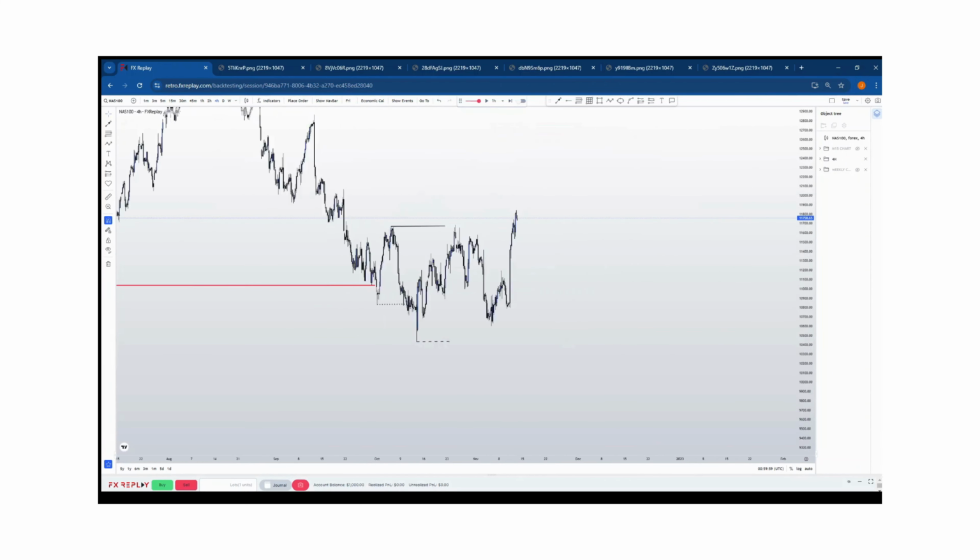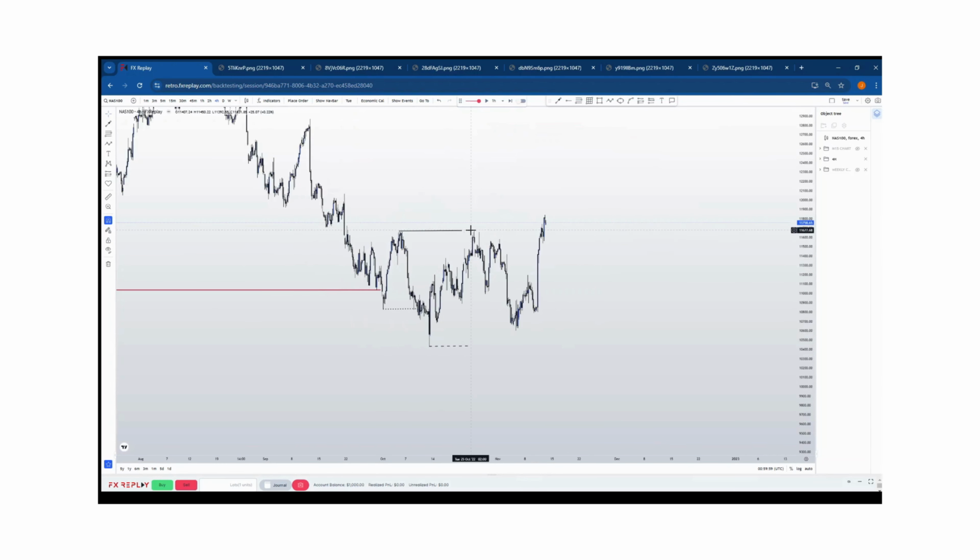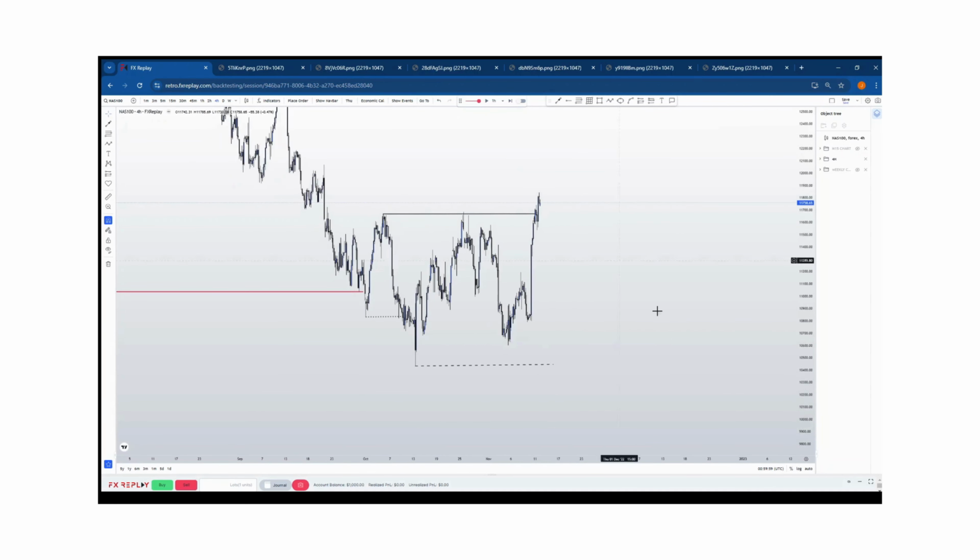You can see the internal of the H4 shifted bullish at that point. Remember what we said, that price is fractal. Whatever happens on the lower time frames will go ahead and happen on the higher time frames, or whatever happens on the higher time frames will first happen on the lower time frames.